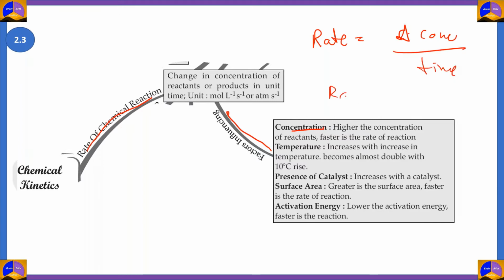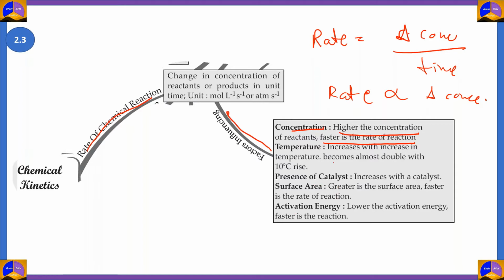So therefore, rate is directly proportional to change in concentration. So when we have a higher concentration of reactants, we will have a faster rate of reaction. So higher the concentration of reactants, faster is the rate of the reaction.